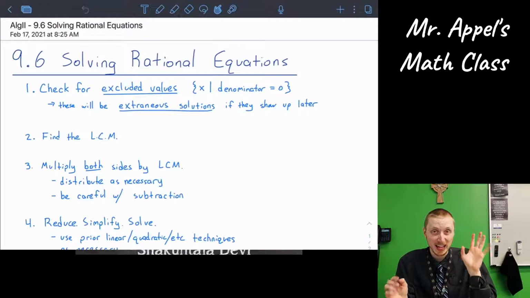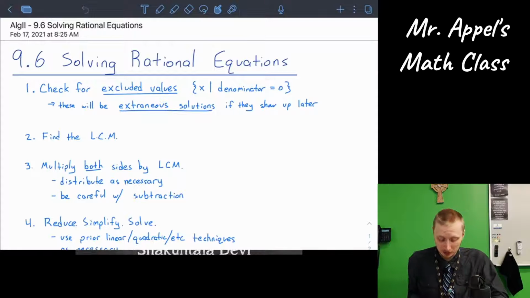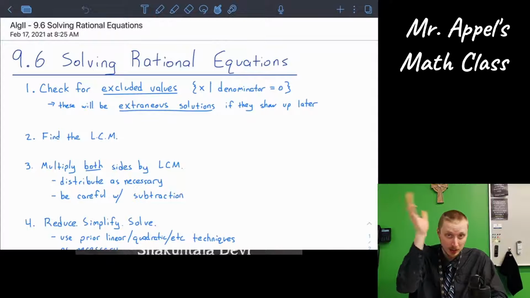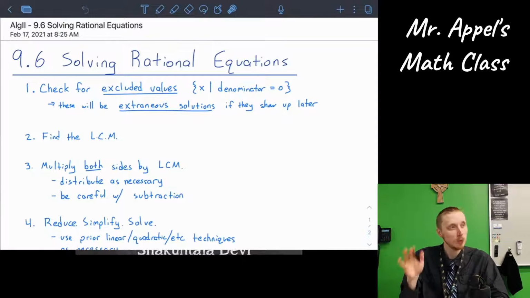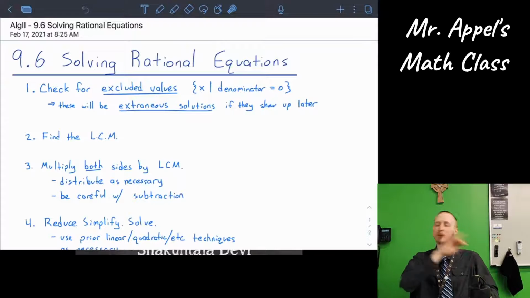You all made some excellent matching games on there. That was really well done. So now we're going to get back to the big old rationals themselves, except now instead of graphing, we are solving. Instead of graphing the functions, we're just solving the equation. Good old straightforward, just run the algebra, crunch the numbers.